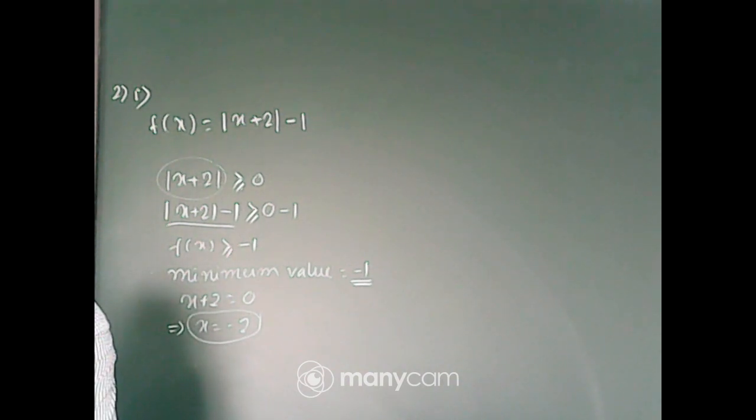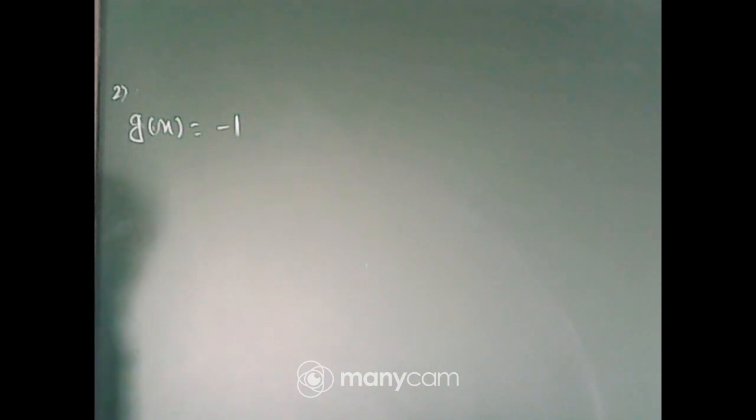Okay, now tell me one thing, have you understood or not? Otherwise we'll go to the next question. Yes, okay, very good. Now let's go to the next question. The next question is g of x is equal to minus mod of x plus 1 plus 3.